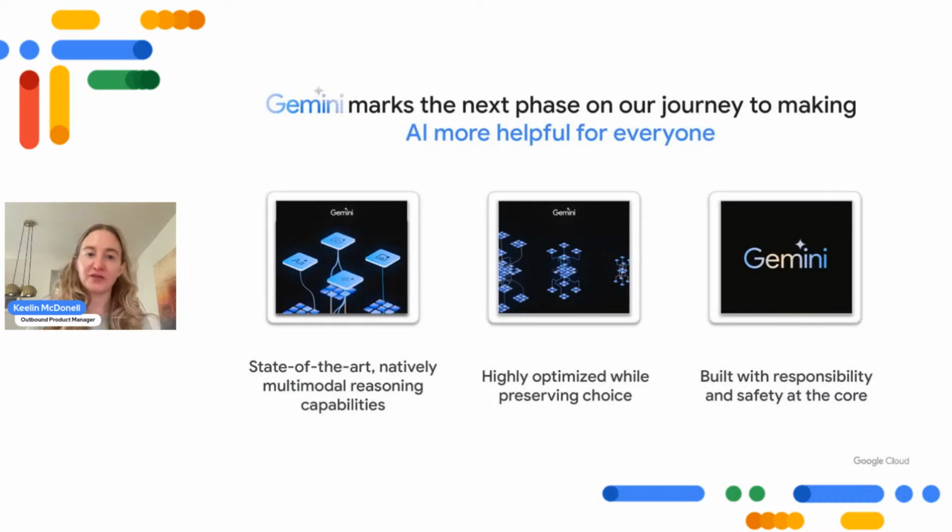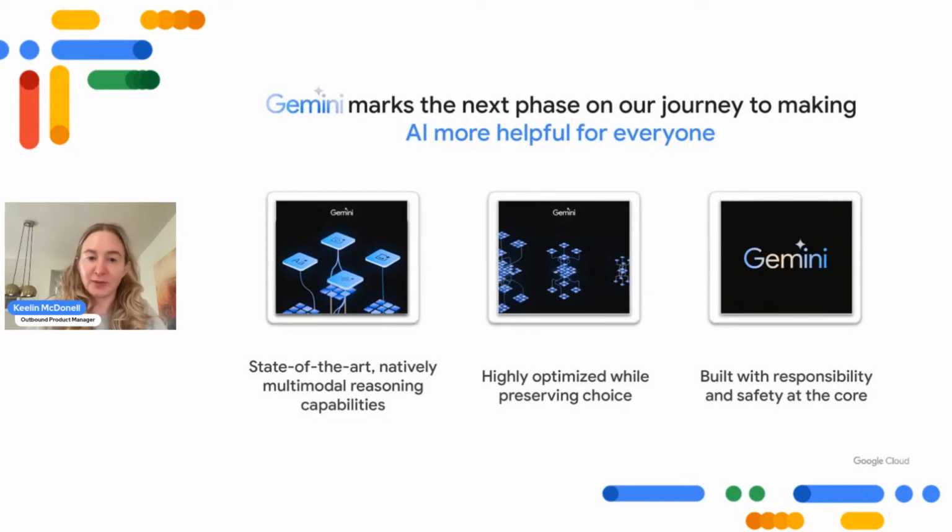All right, so what makes Gemini so special, and what makes it really a new era for us in the AI space? The first point is that it's a state-of-the-art natively multimodal model. This is not a bunch of different language models and image models strung together. This is a model that was trained from the ground up on multimodal inputs, and is really designed to be able to deal with those multimodal prompts and use cases that it's optimized for.